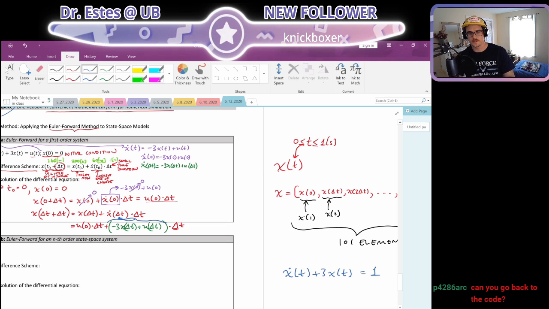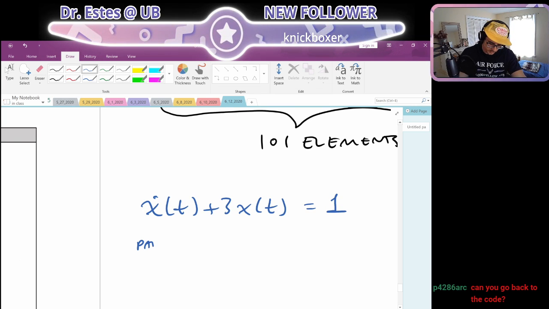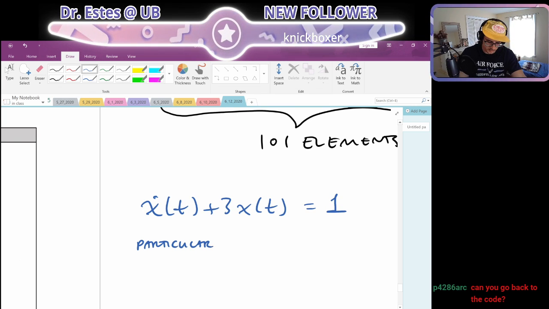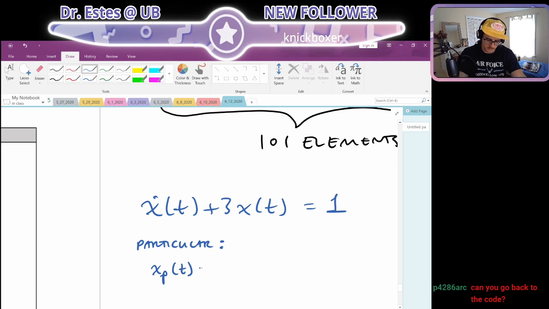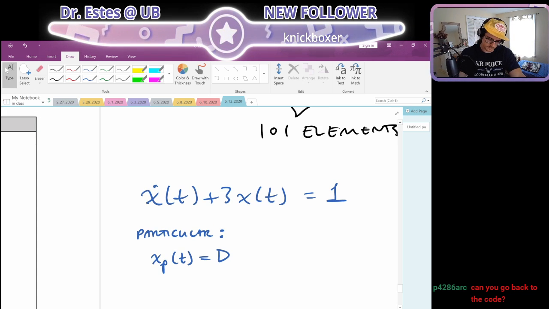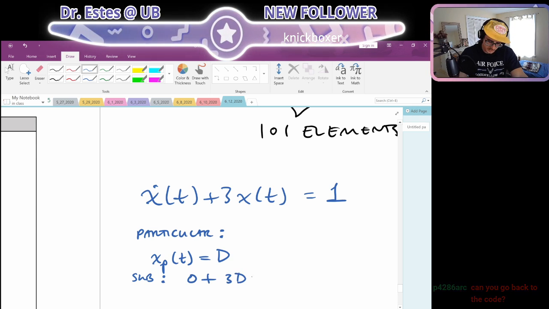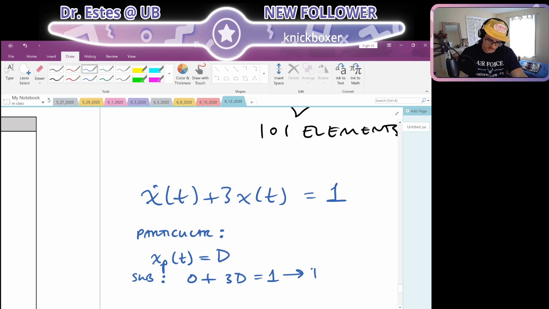And so I said u of t was a unit step input, right? So if you could first do the particular solution. I know that x p of t is going to be a constant. So if I sub this in, I'm going to have 0 plus 3d equals 1, so d equals 1/3.